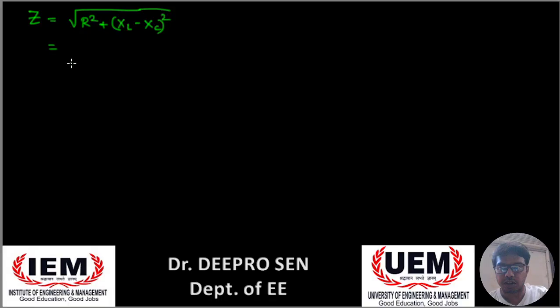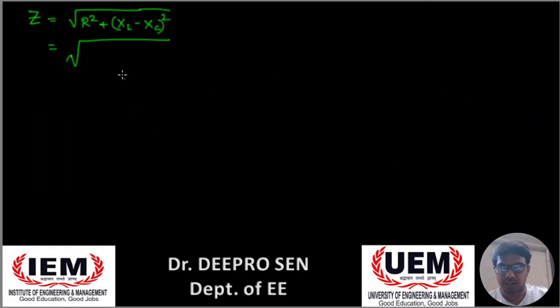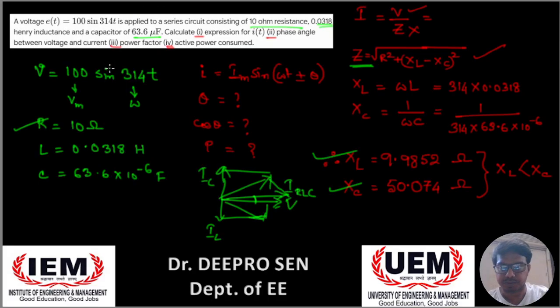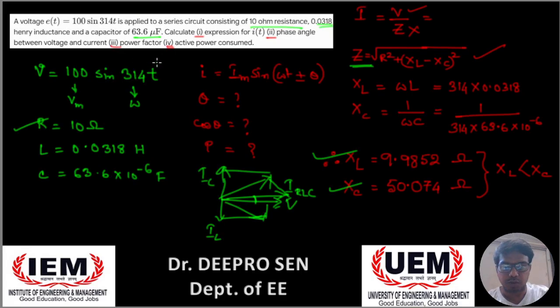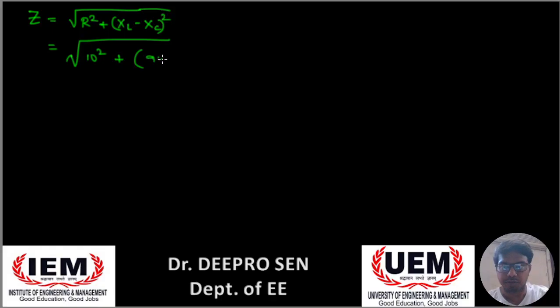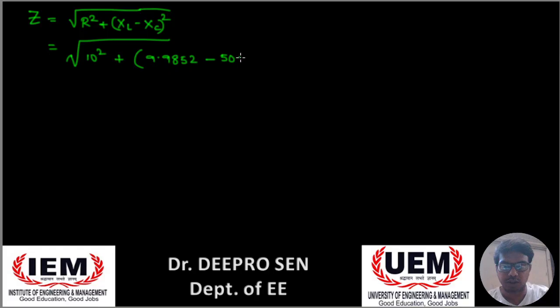So whatever the values that you have got, the value of R, value of XL, the value of XC, it will come to 10 square plus 9.9852 minus 50.074, the whole square of that.